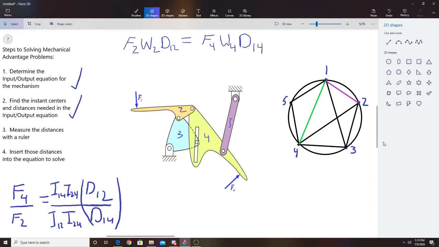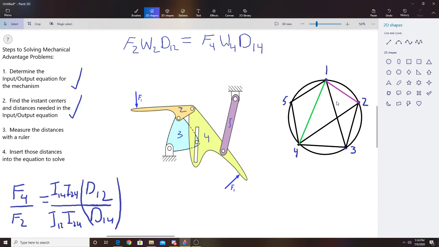So which one do you guys want to try and find first? From what I can see, there's a certain way we should do this, because solving I12 doesn't look like it can be done right now. Because you would use this triangle, right? But then this triangle requires I14, and we don't have that.